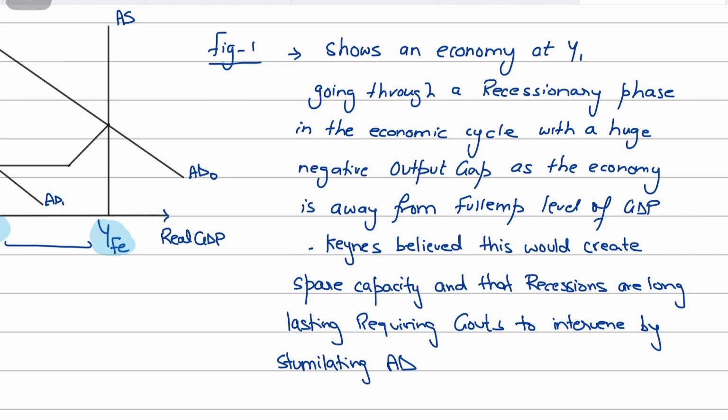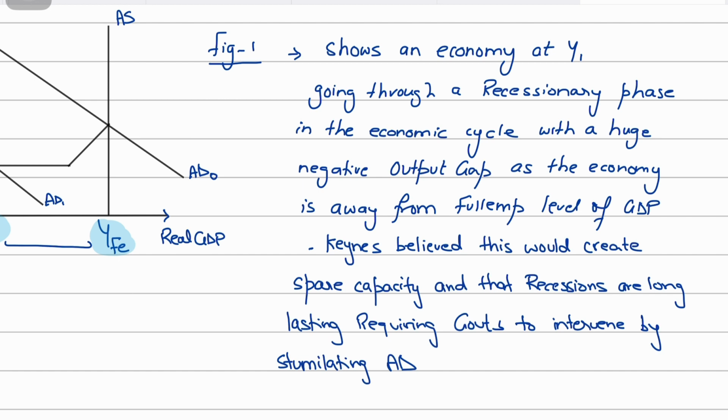Another thing you could mention here is, for the good students who are aiming for the highest possible A stars in the exam, you could also live without writing this line, but those aiming for the highest grades could say that John Maynard Keynes believed that these recessions create spare capacity, and your economy could be stuck in a recession for a long period of time. Hence that requires a government to immediately intervene to stimulate aggregate demand.